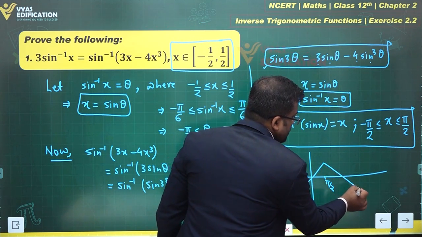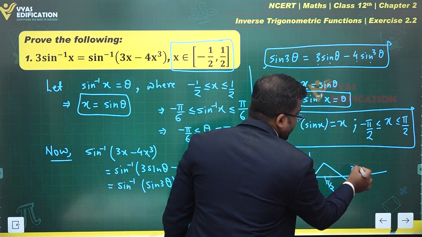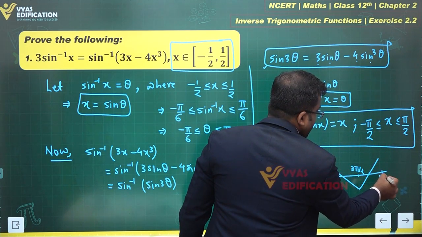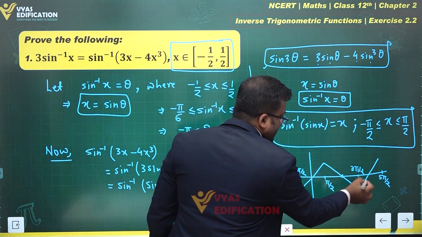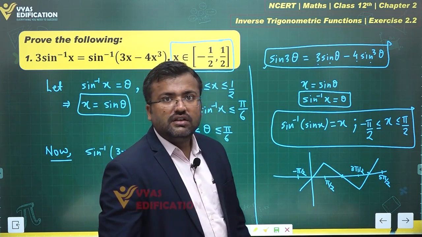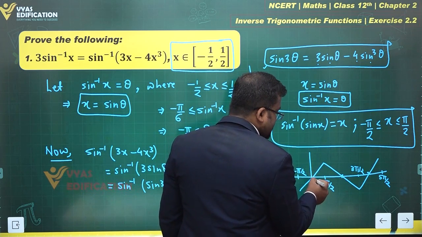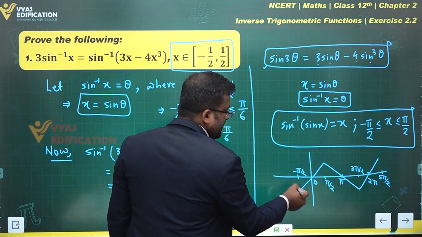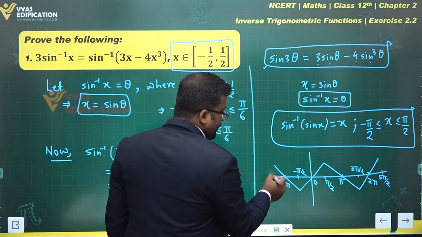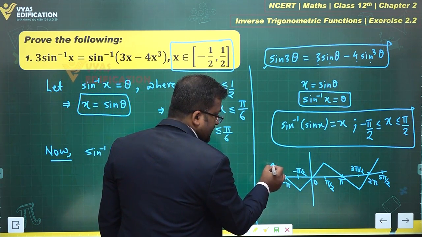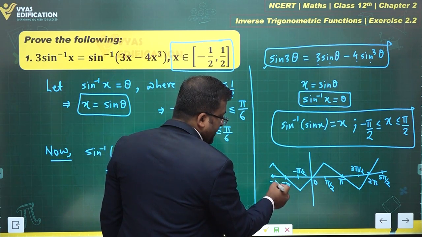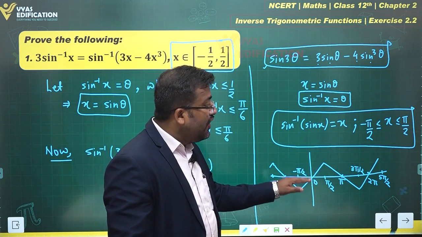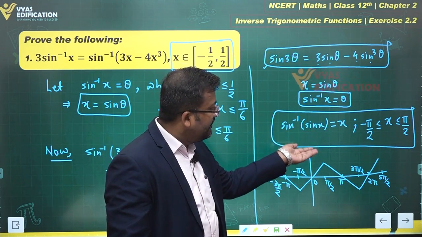Beyond pi by 2, the graph goes like this, up till 3 pi by 2. Then the graph goes like this, up till 5 pi by 2. What's the intercept over here? Can you observe that this here is 0, this is pi, this is 2 pi, and so on and so forth. This here will be minus pi. What about this topmost point? This topmost point will be at minus 3 pi by 2. This is the graph, and from here you can note the definitions in different intervals.